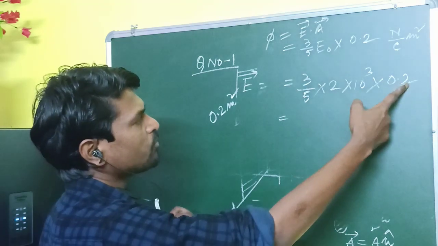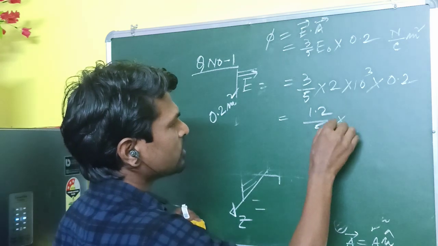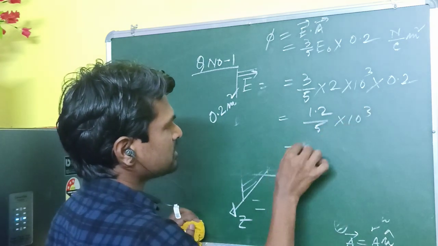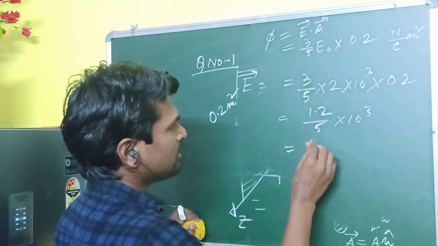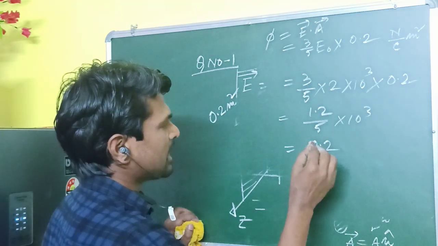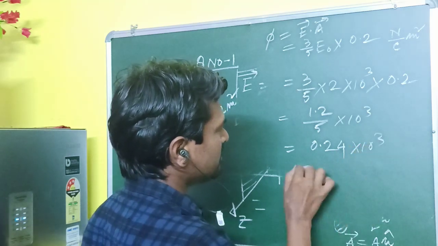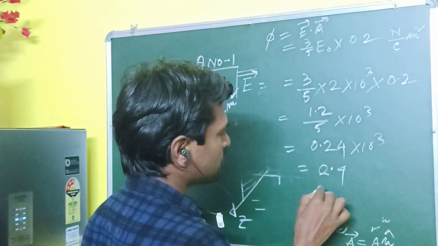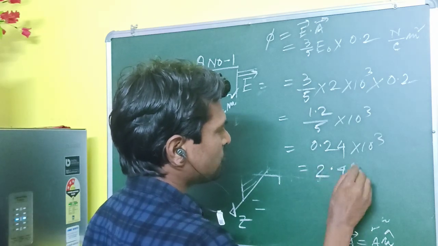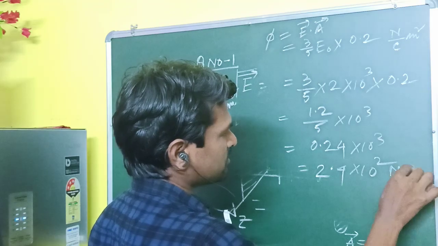So 2 fours are 0.4, 3 into 0.4 is 1.2, divided by 5 into 10 to the power of 3. And 5 twos are 10, 5 fours are 20, into 10 to the power of 3, that is 2.4 into 10 to the power of 2 Newton meter square by Coulomb.